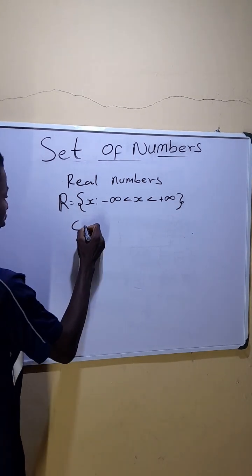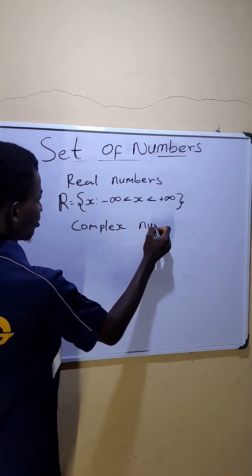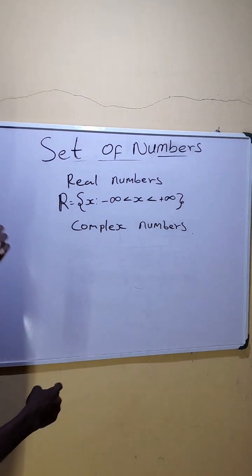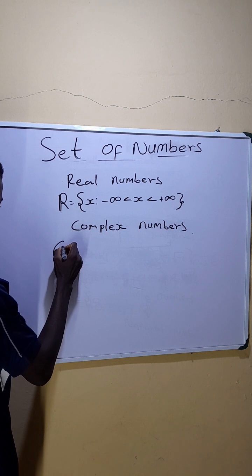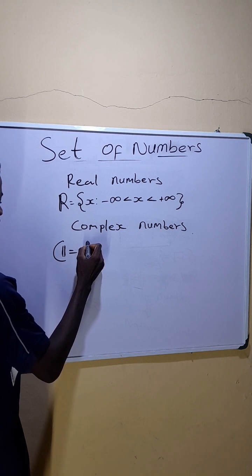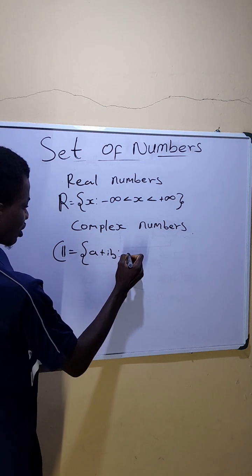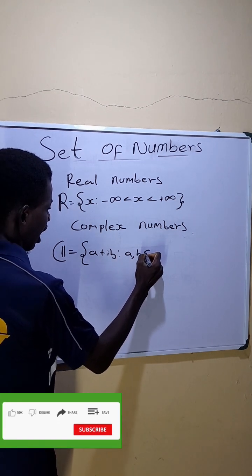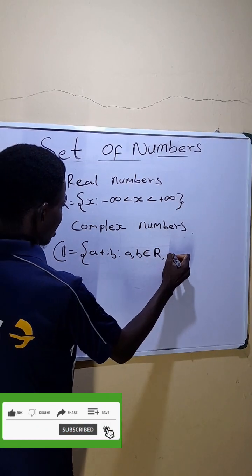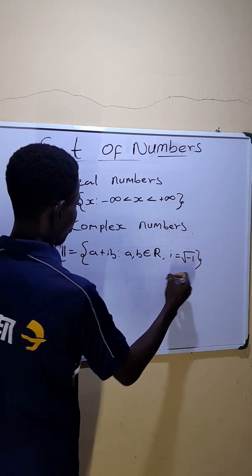So the next one we have is complex numbers. So we can say that complex number is A plus iB, such that A and B are elements of real numbers, where this i is equal to square root of minus 1.